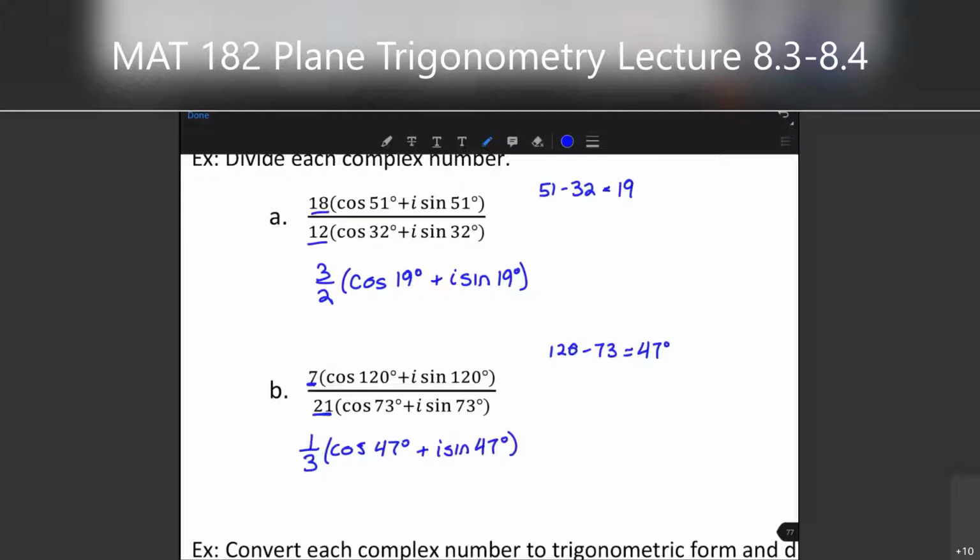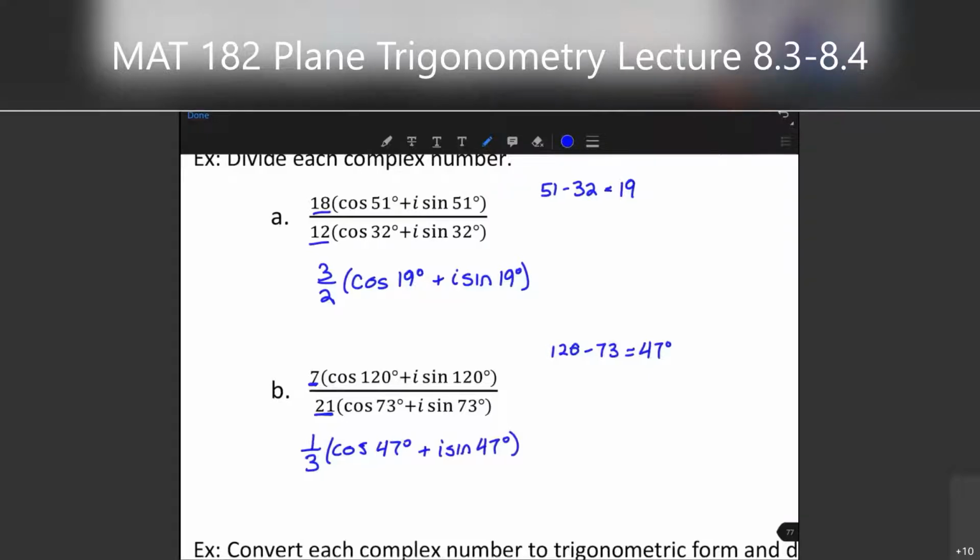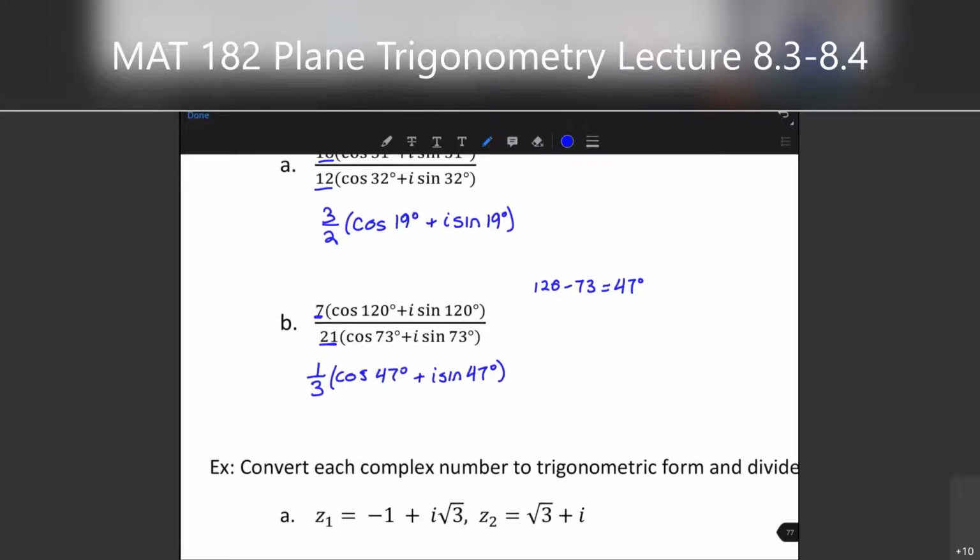All right. So that's just our trigonometric form. That property makes it nice to do that. Now we're going to go into division with our standard form. Now this is going to take a little bit of a different technique.